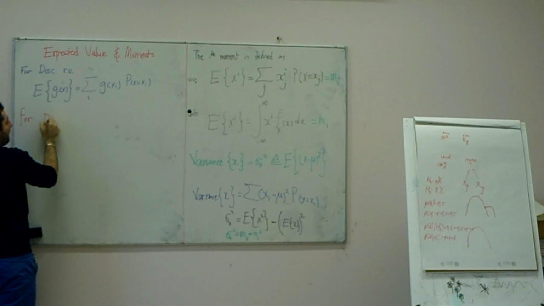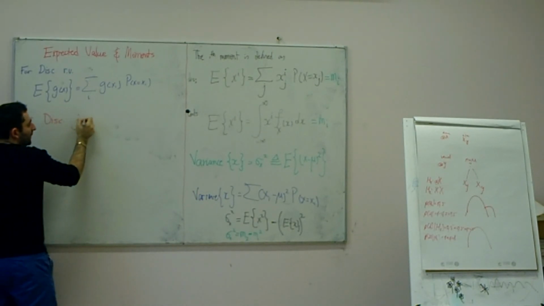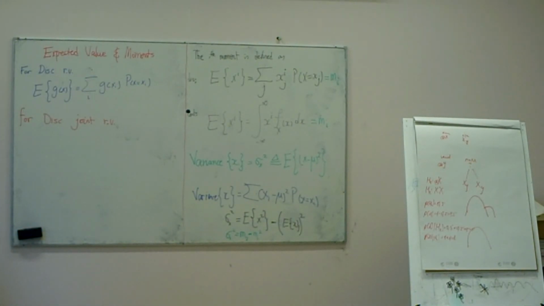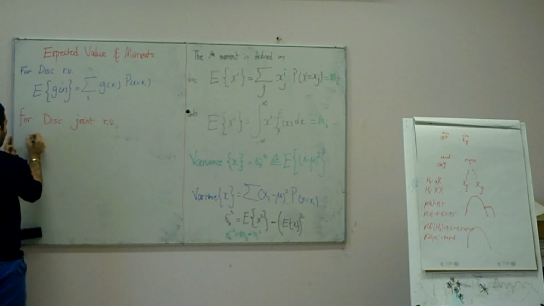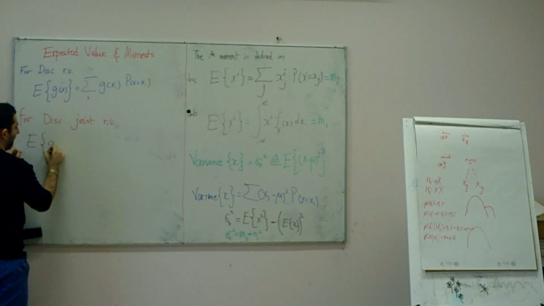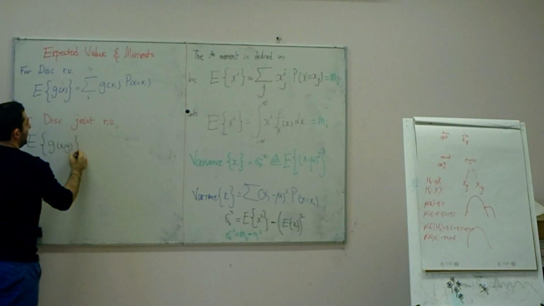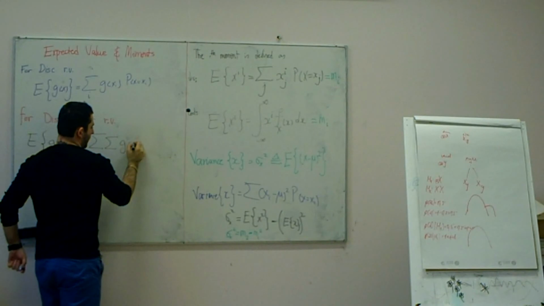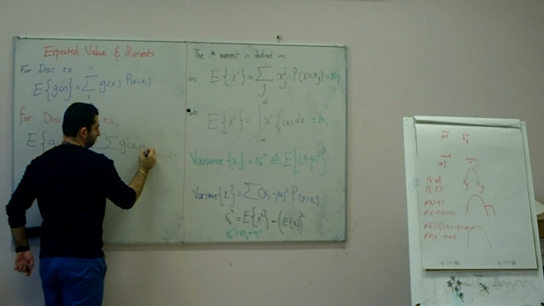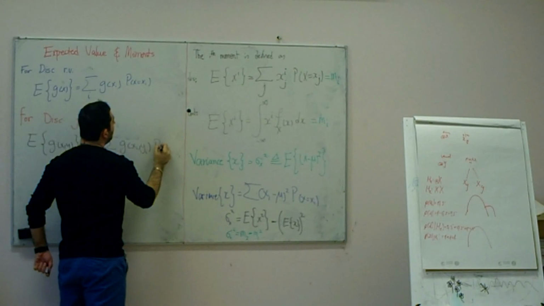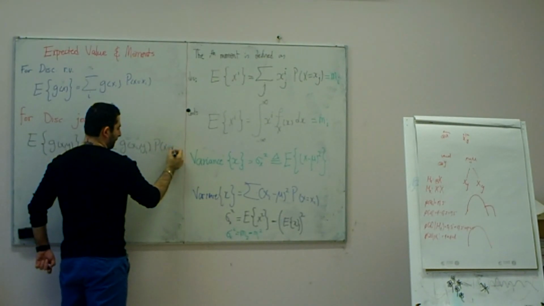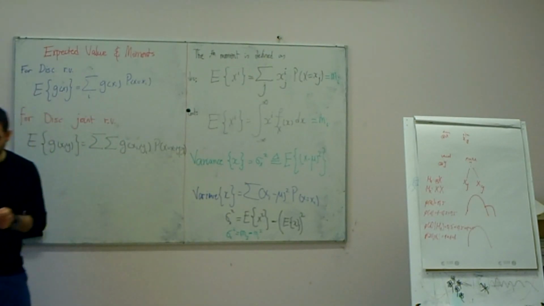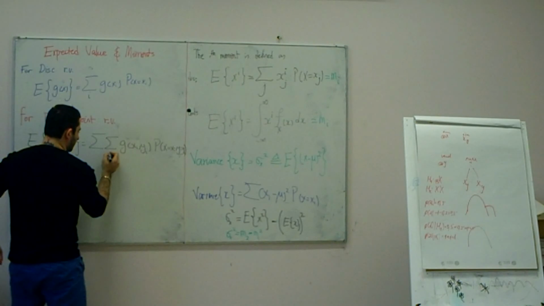For discrete joint random variables, that means we have two variables, x and y. Let's have one of them.